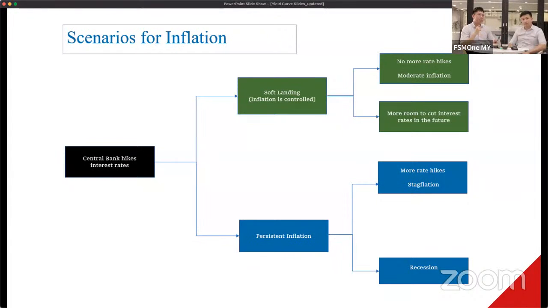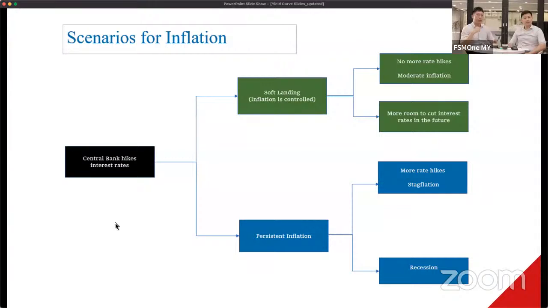Okay, but if we look into a more pessimistic scenario, right? Looking into the red box, if the Fed had hiked the interest rate to a reasonable level, maybe I'll need to share the slide again to give a better picture. So if they have hiked the interest rate to their target rate of 3%, but the inflation is still out there, still out of control.